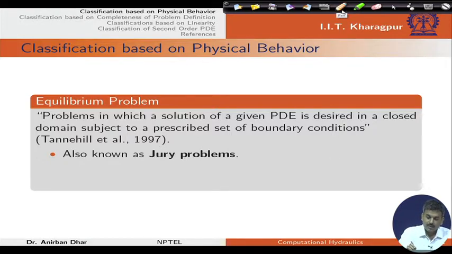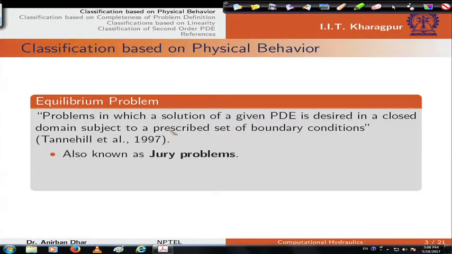In this one, this closed domain is an important point, and there should be only boundary conditions.